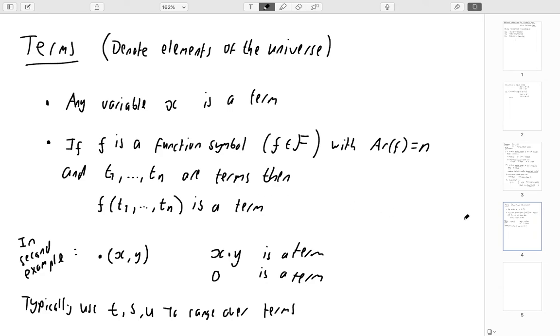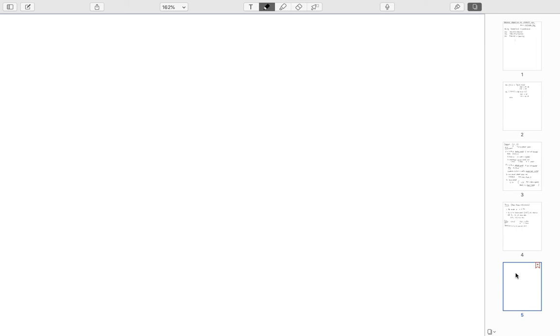Now that we've got the rules for terms, we can say what a formula is. That's a bit more complicated, so we need a fresh sheet for it. So what are the rules for building formulas? A lot of them mimic the rules for formulas in propositional logic.